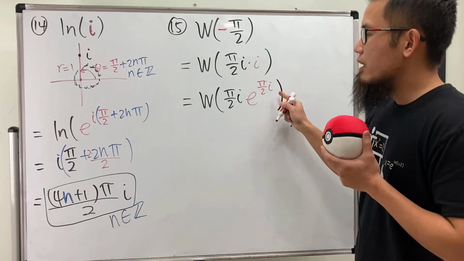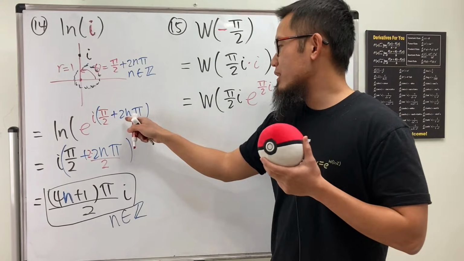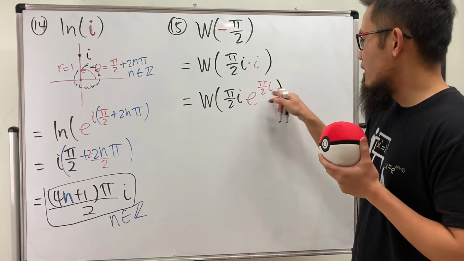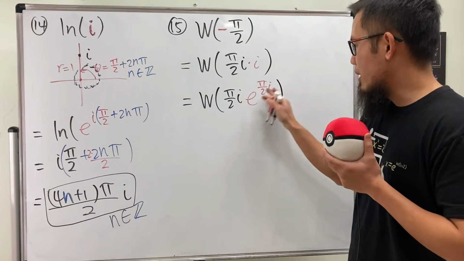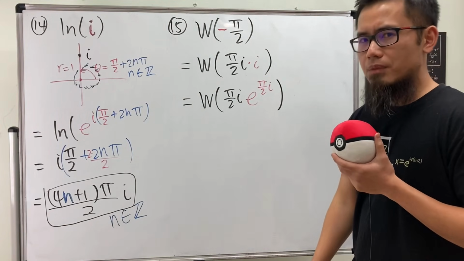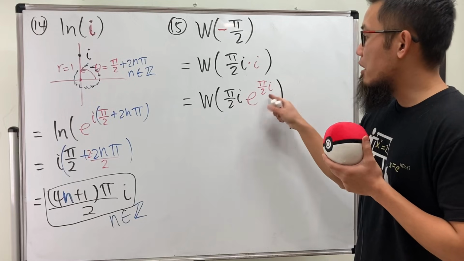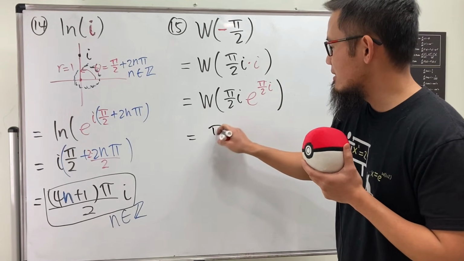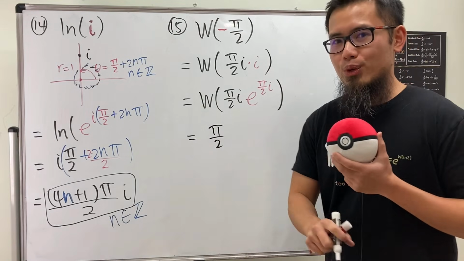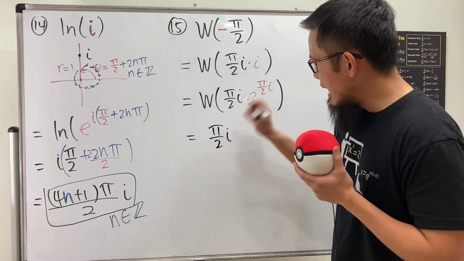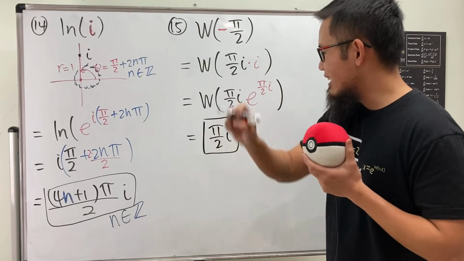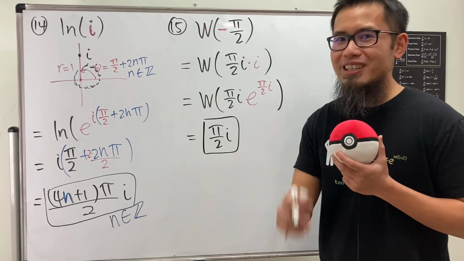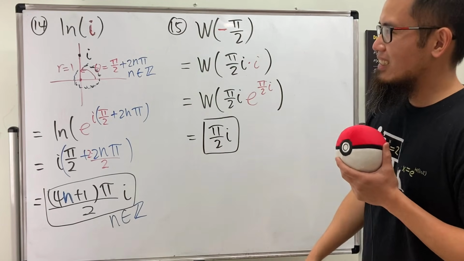But you see, here, you really have to be really careful with the angles. Let me just use the principal value for the i right here for the complex form. The reason is because now this and that are the same. So the final answer is just going to be nicely equal to pi over 2 i. And of course, I like that very much. Hopefully, you guys like this as well.